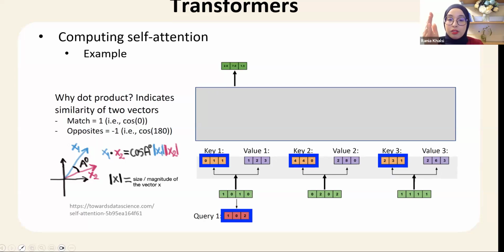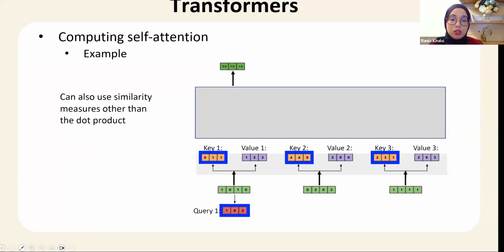Vectors closer to 0, and here we can think of -1 as well because we consider the opposite, indicate weaker alignment. This alignment score helps determine how much influence one token has on another when self-attention is used.